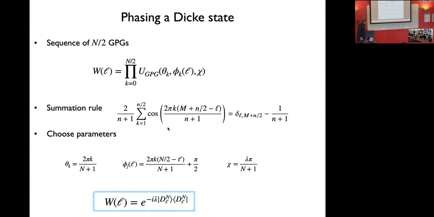So we make use of the sum rule for cosines, and that allows us to determine a sequence of angle parameters theta and phi, which are ingredients in our geometric phase gate, in order to obtain the phasing of a particular Dicke state with Hamming weight L by an angle lambda. And the lambda here is determined by basically the area of these phase gates. So there's a way, using n halves geometric phase gates, to phase a particular Dicke state.